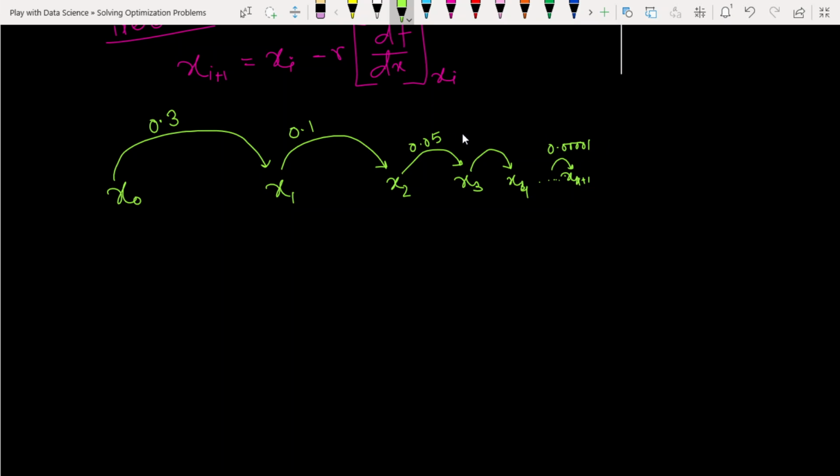According to our choice and our requirement, we use our iterations.